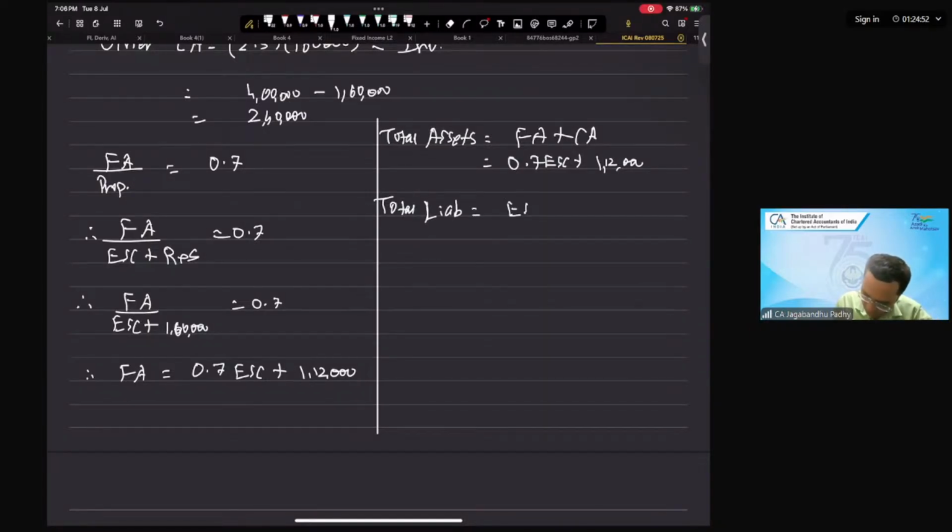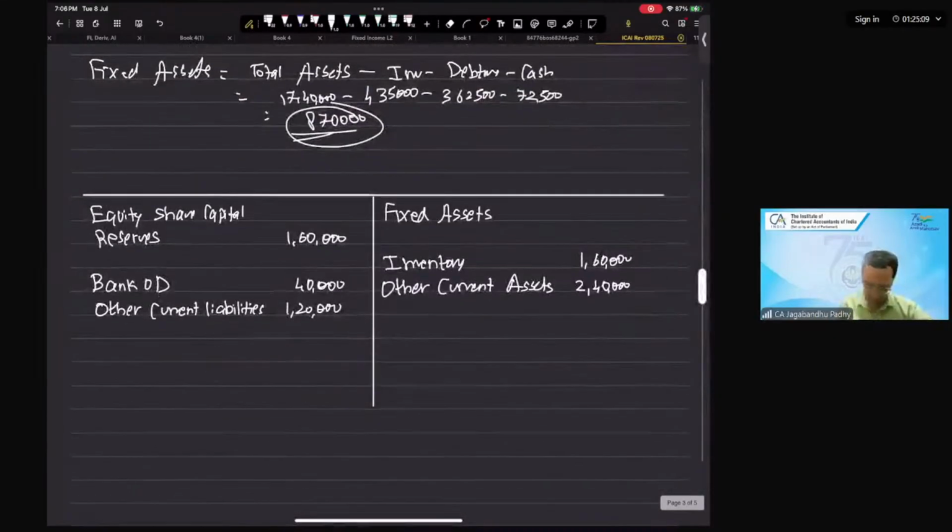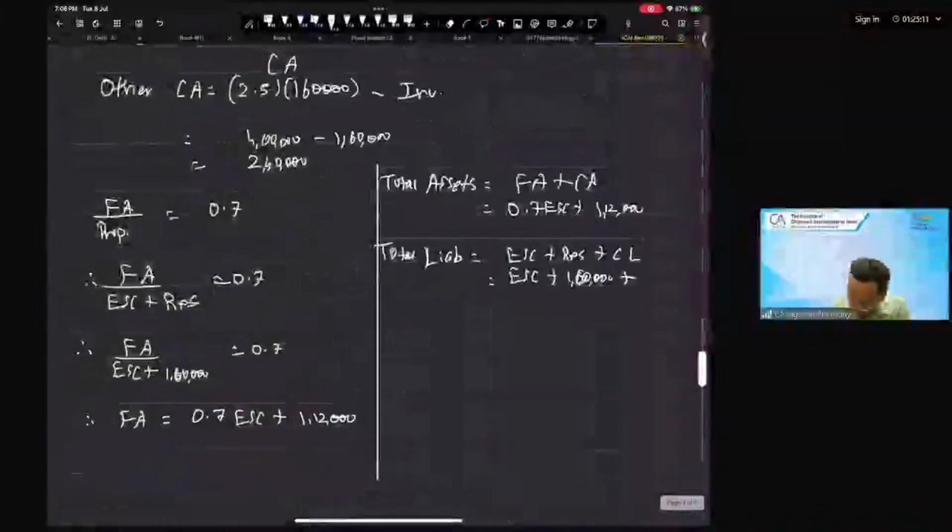liabilities to be equity share capital plus reserves plus current liability. So equity share capital is something which we don't know. Plus reserves is 1,60,000 plus current liability. Total current liability is 1,60,000.